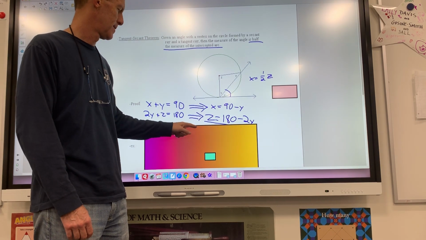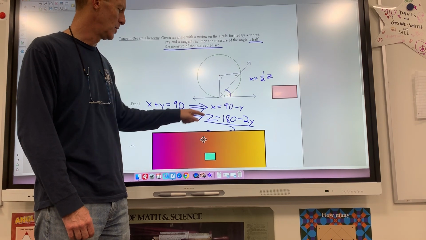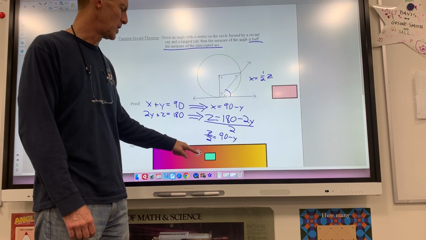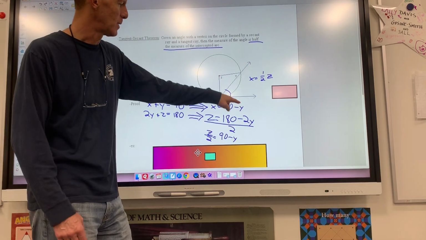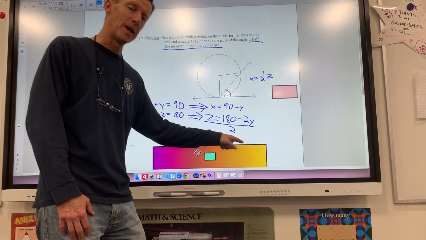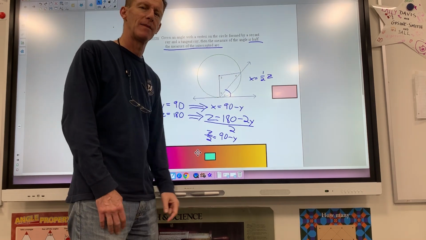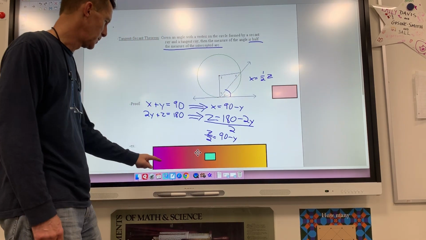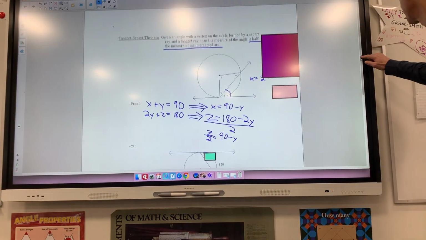If we divide both sides by 2, we get z over 2 equals 90 minus y. Notice how x equals 90 minus y, z over 2 equals 90 minus y. Well, what does that mean? Doesn't that mean that x is equal to 1/2 z by substitution? Beautiful.